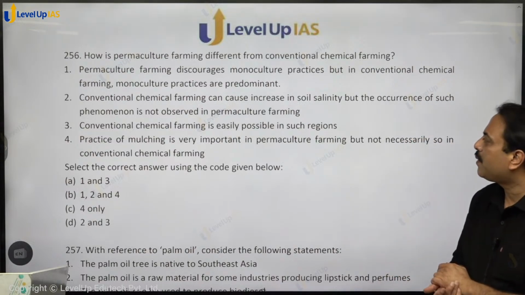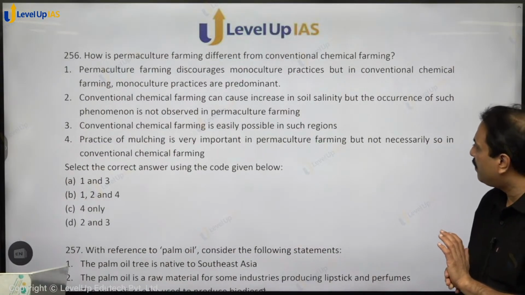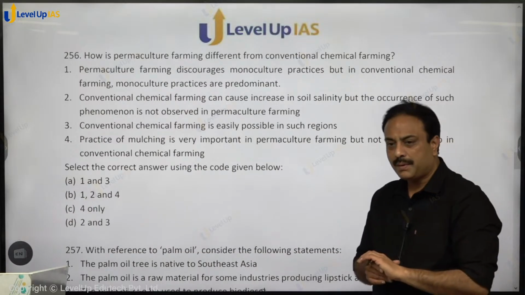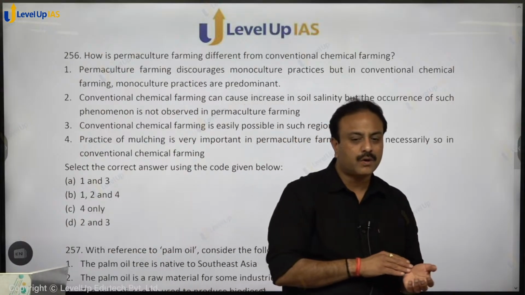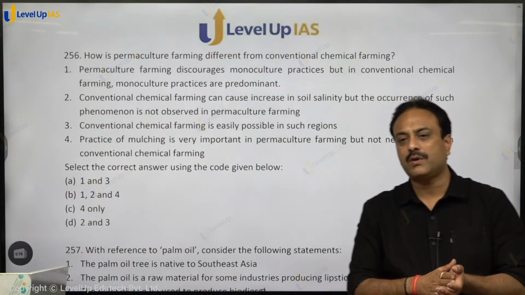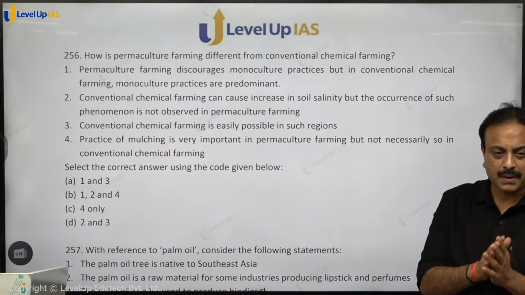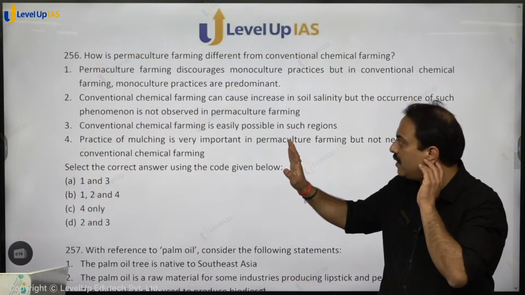Permaculture farming discourages monoculture practice, but in conventional chemical farming, monoculture practices are predominant. Permaculture is more on natural fertilizers, more on green manuring, more on discouraging use of chemical fertilizers. That is permaculture. So in that, monoculture practices are avoided.